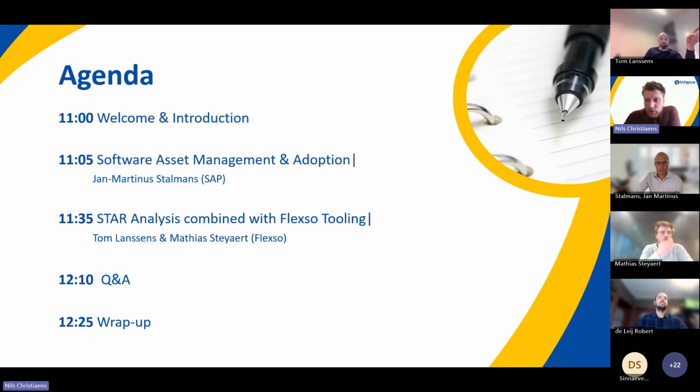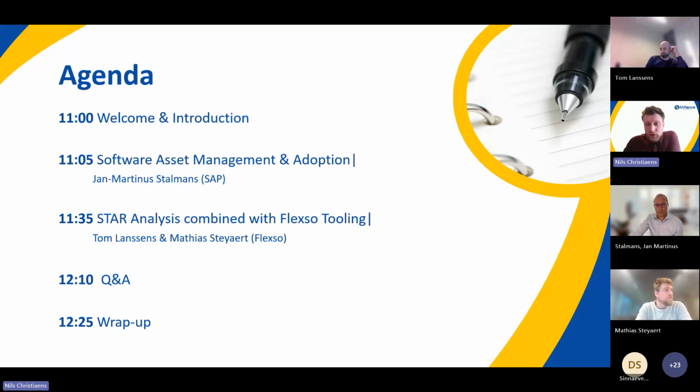Afterwards, we dive into the analysis together with Flexo and its own tooling, which helps you understand the license usage after go-live, spot inefficiencies and identify optimization opportunities. Without further ado, I give the floor to Jan from SAP. Jan, the floor is yours.